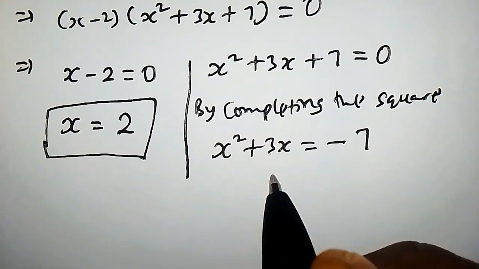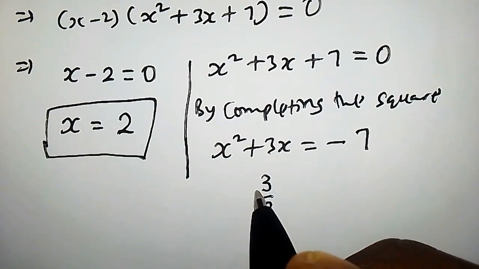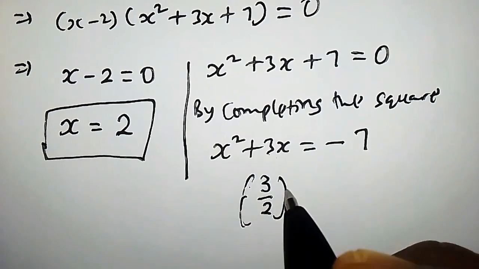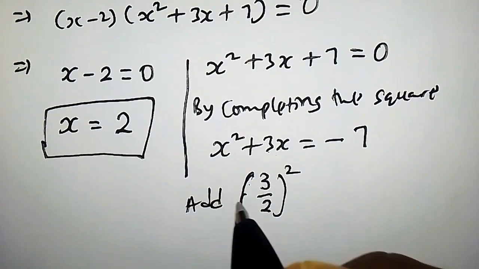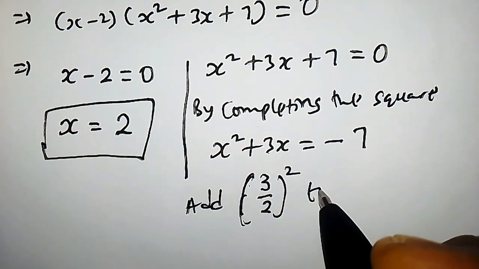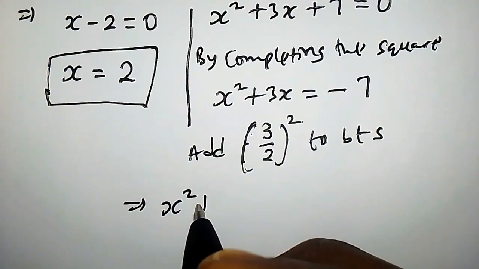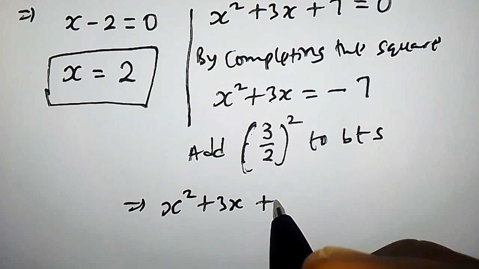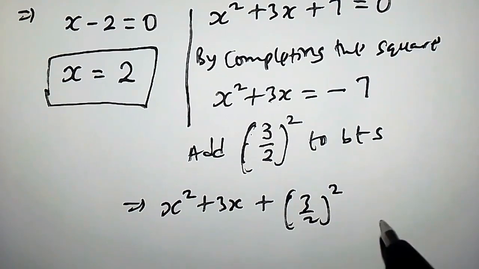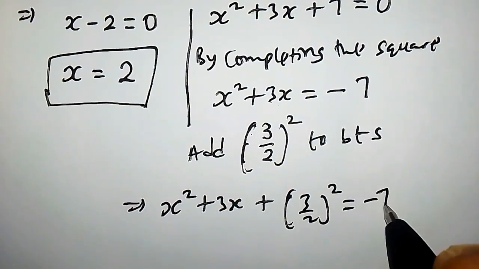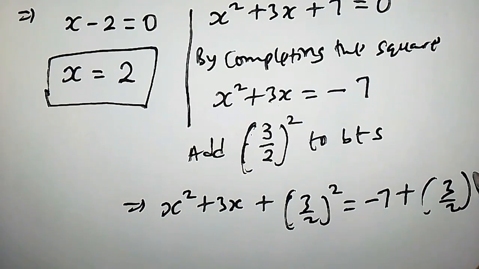The coefficient of x here is 3. So half of it will be 3 over 2, and square it. Add 3 over 2 all squared to both sides. x squared plus 3x plus 3 over 2 all squared equal to minus 7 plus 3 over 2 all squared.